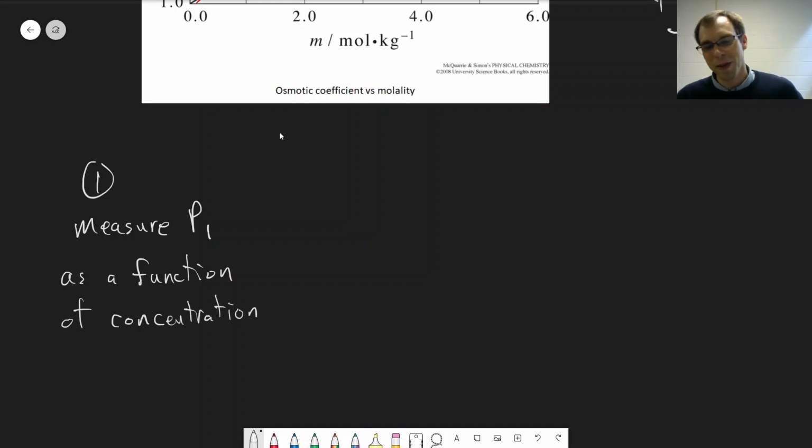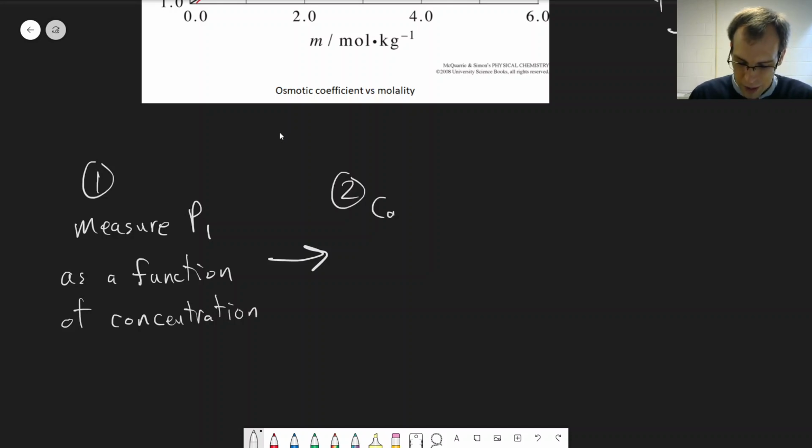We can't really measure the vapor pressure of our solute, which is why we need to go to all this trouble. But what's happening to the solvent reflects what's happening with the solute, and that's why this works. Physically speaking, they're not independent of each other. So we measure P1 as a function of concentration, which was the first plot that we looked at.